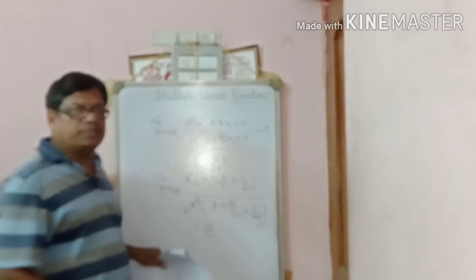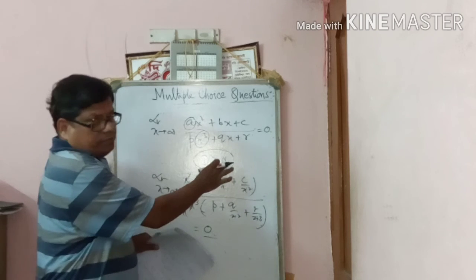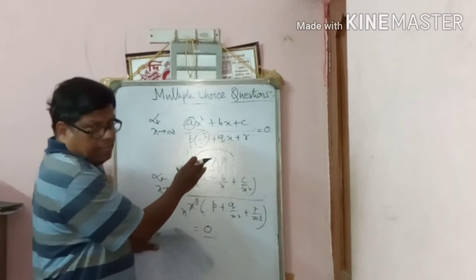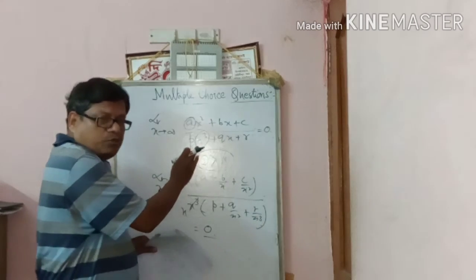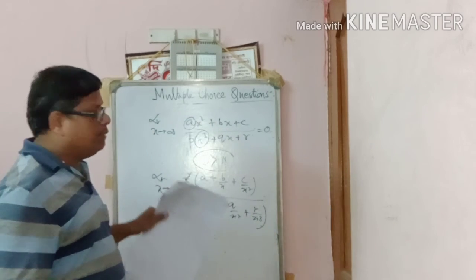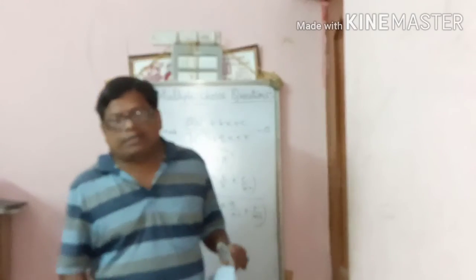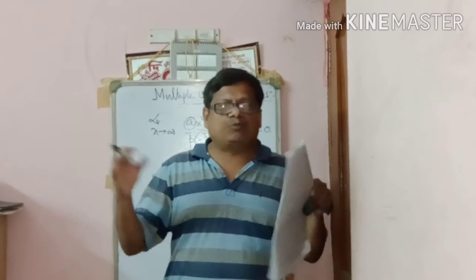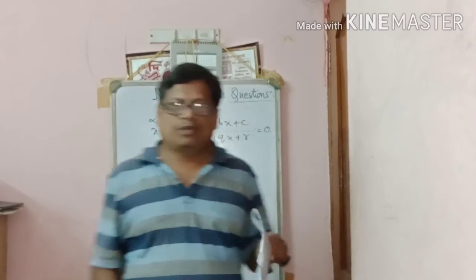Keep in mind, if the denominator power is greater than the numerator power, the answer will be 0. If both the powers are the same, then the answer will be the ratio of the highest coefficients, numerator by denominator.